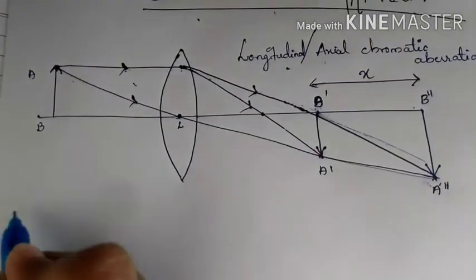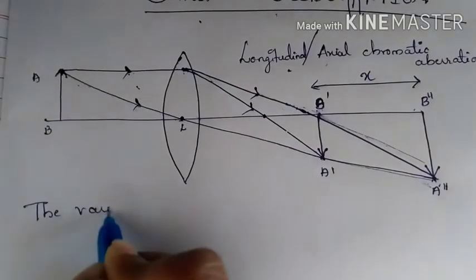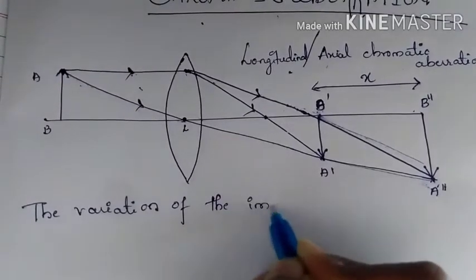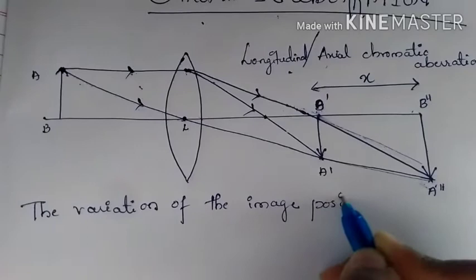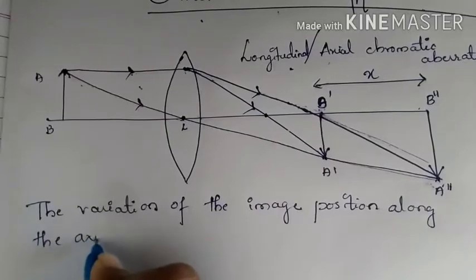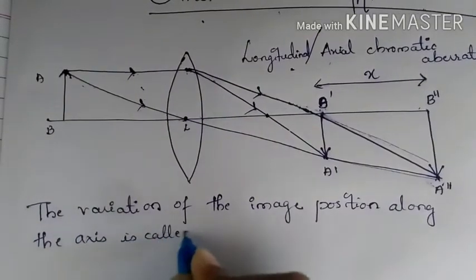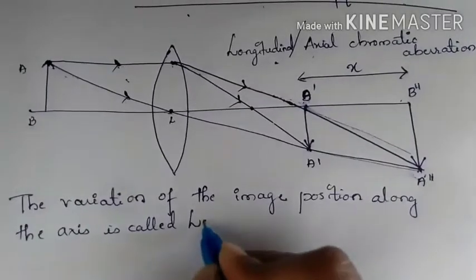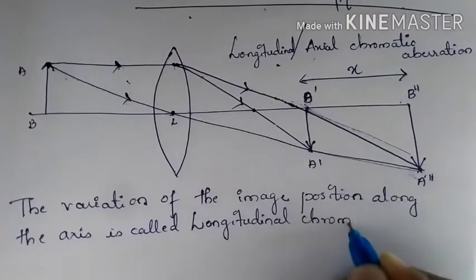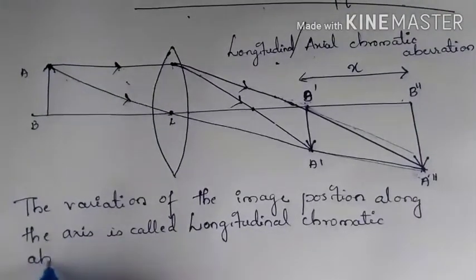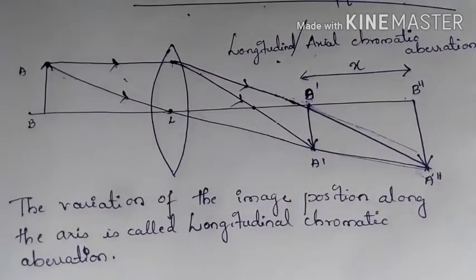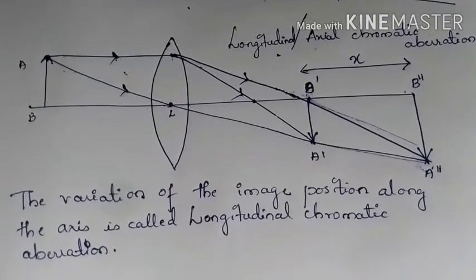So let me write: image position along the axis is called longitudinal chromatic aberration.